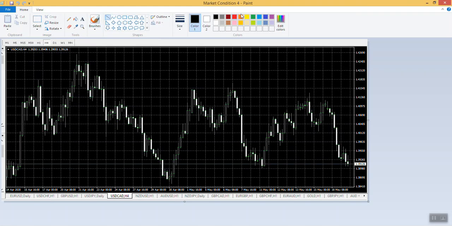Looking at this, you realize that something happens here. Let me put it properly. At this place we notice something happens around this price range.